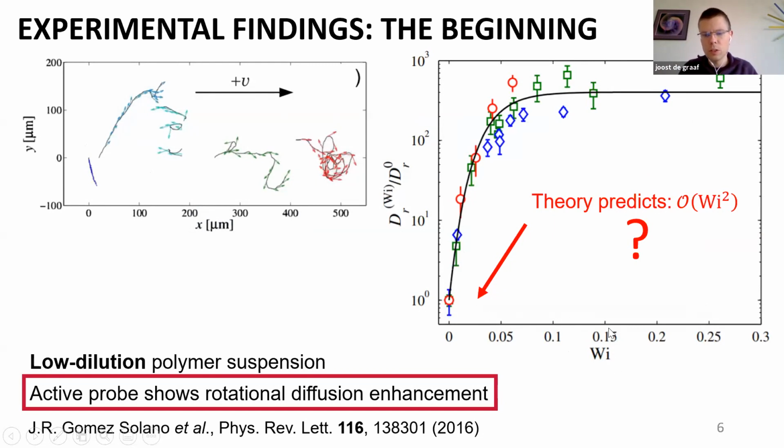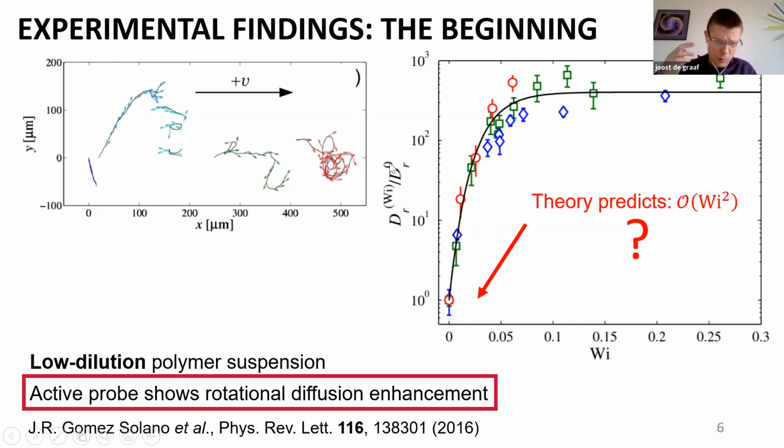And the Weissenberg number here on the bottom is a standard measure of a rheological parameter for viscoelasticity. And what we see here is if I add a little bit of polymer to the system and I divide out the bare diffusion coefficient without any polymer, then what is the value that I get?